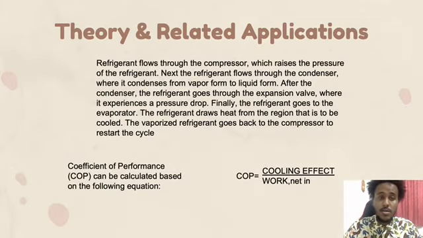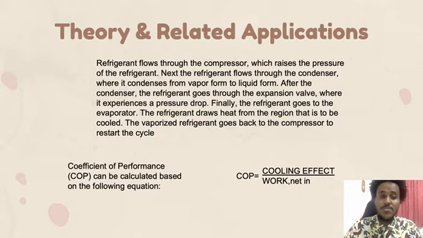Theory and related applications. Refrigerant flows through the compressor, which raises the pressure of the refrigerant. Next, the refrigerant flows through the condenser, where it condenses from vapor form to liquid form. After the condenser, the refrigerant goes through the expansion valve, where it experiences a pressure drop.